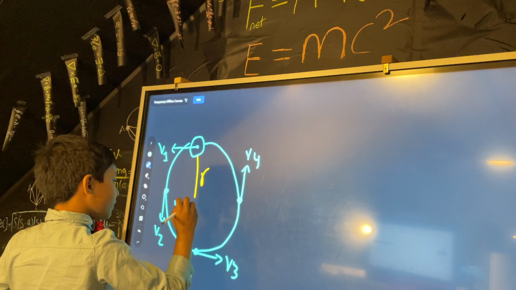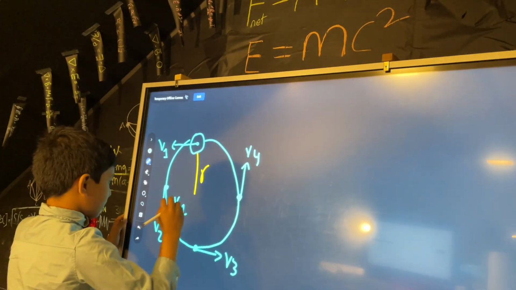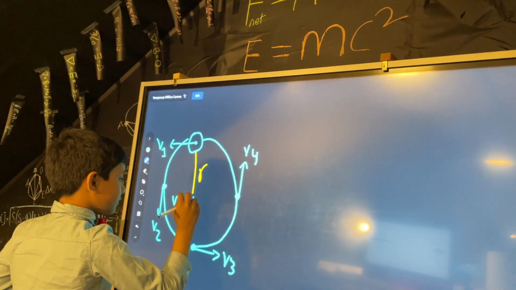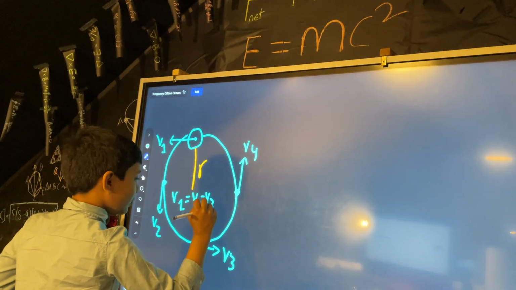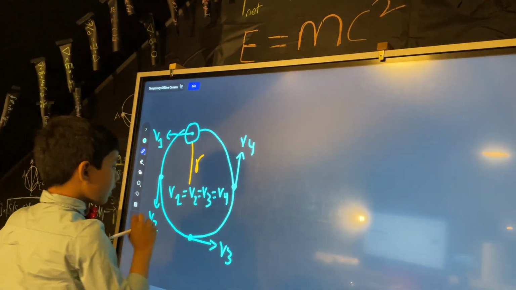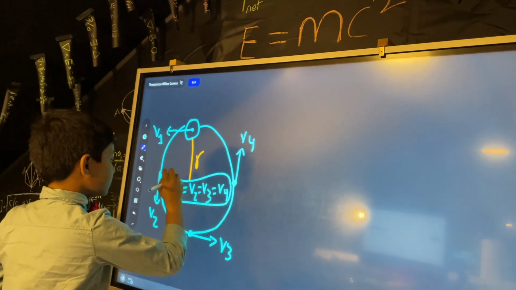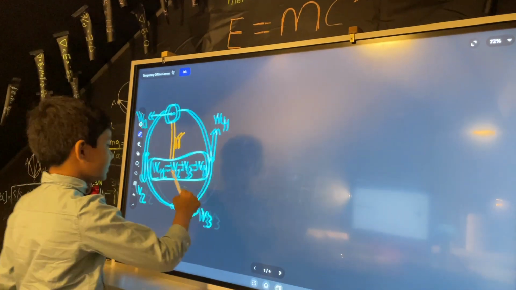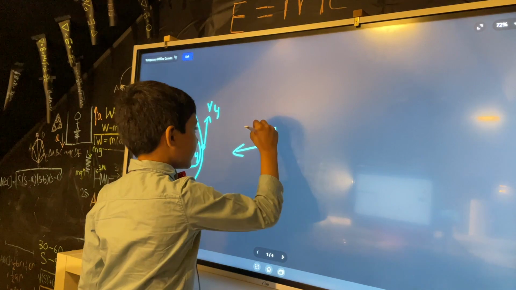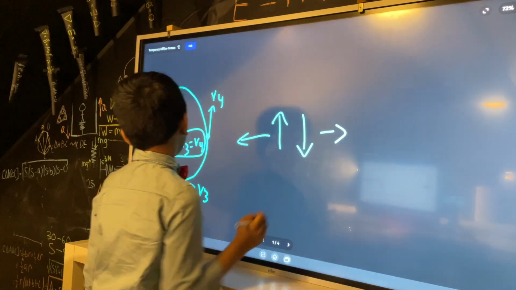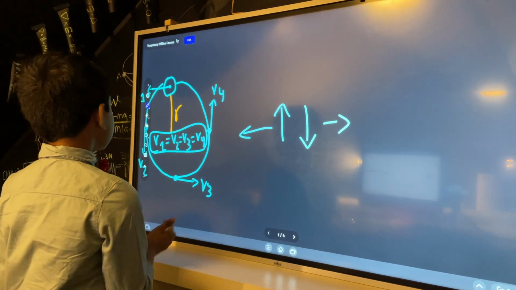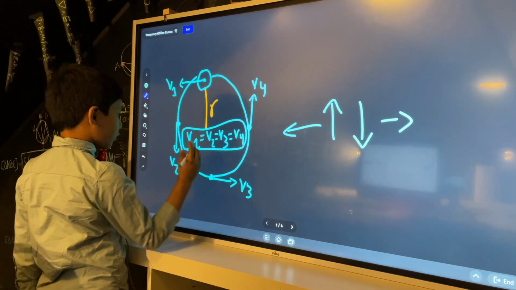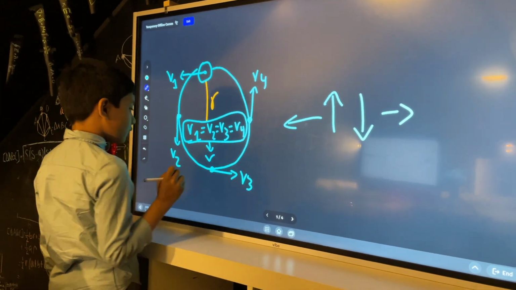So, even though V1 equals V2 equals V3 equals V4, that's only true in magnitude, but definitely not in direction. You can see that they're pointing in wildly different ways. But let's just take the magnitude for now and define it under a single thing, V.